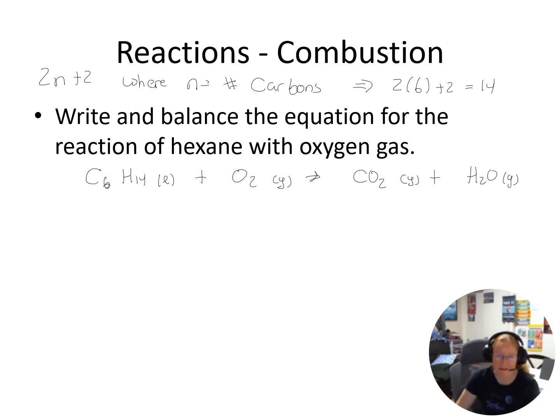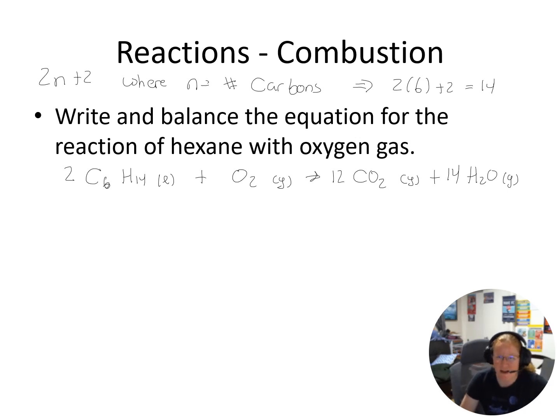So it's H2. Over here I have 14 hydrogens. Well, if I divide 14 by 2, I get 7, which is an odd number, so I can't use that. So what I'm going to do is put 14 over here, and I'll multiply this whole thing by 2. So now 2 times 14, we're good there. 2 times 6 is 12, so for my carbon dioxide, I will get 12.